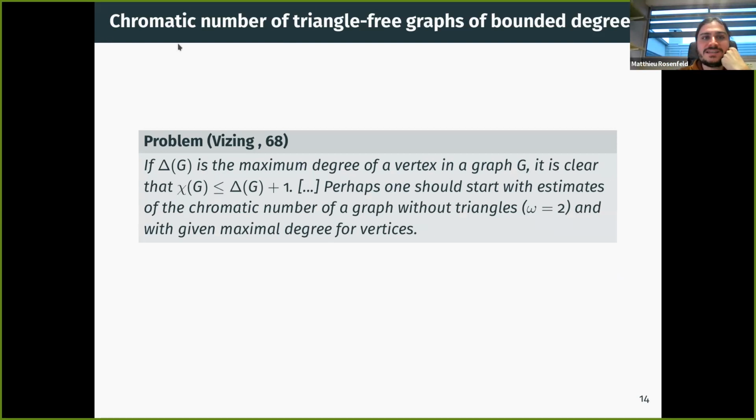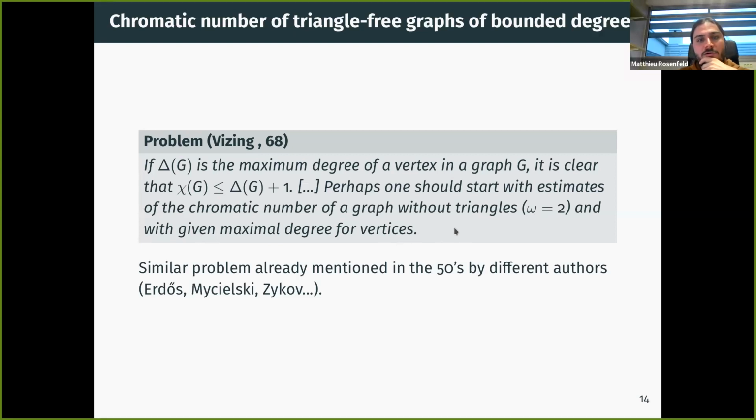This is about the chromatic number of triangle-free graphs of bounded degree, which is a question that has been mentioned a long time ago, right? Vizing already in 1968 explicitly mentioned the fact that we should try to estimate the chromatic number of graphs without triangles and with a given maximal degree. Actually, the question is even older than this, because in the 50s, people constructed different examples of triangle-free graphs with large chromatic number.